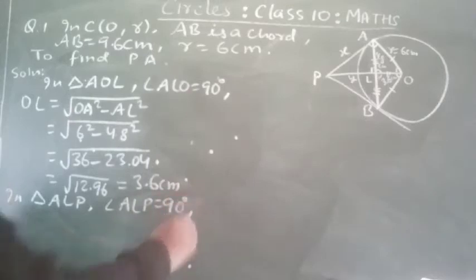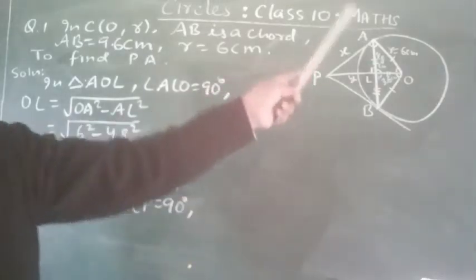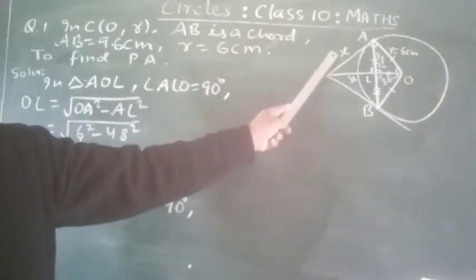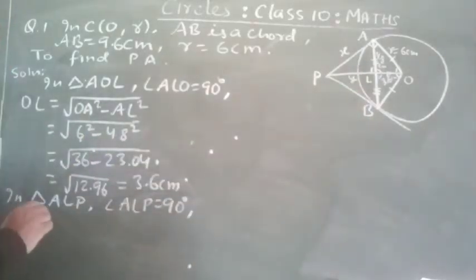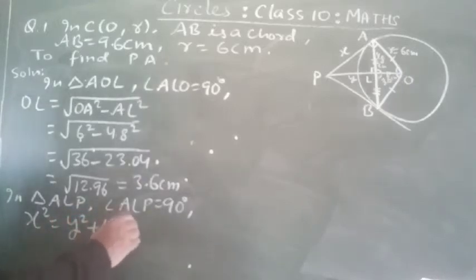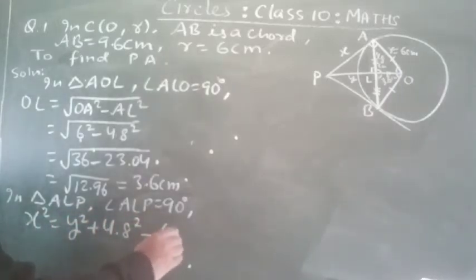So we can say x square equal to y square plus 4.8 whole square. This is equation 1, Pythagoras theorem.